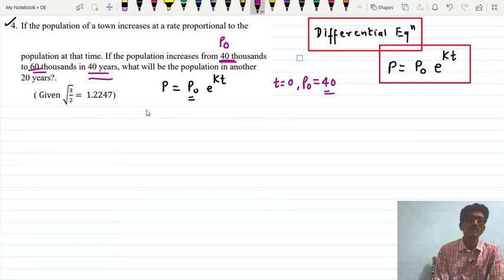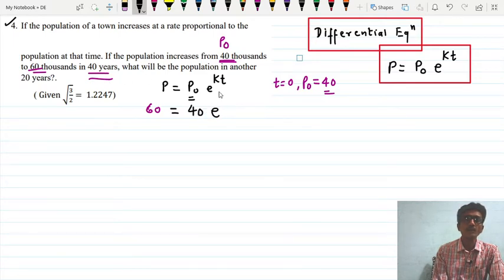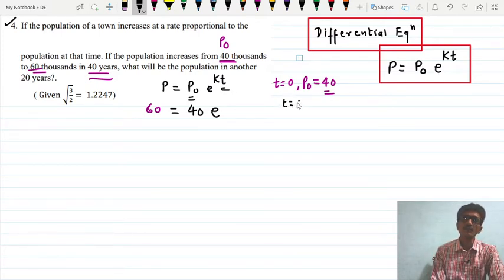The population increases from 40,000 to 60,000, and in what time? That is 40 years. So when time T is equal to 40 years, the population will become 60,000.